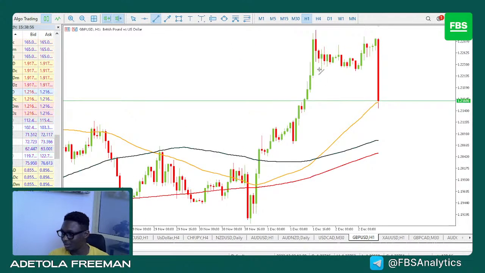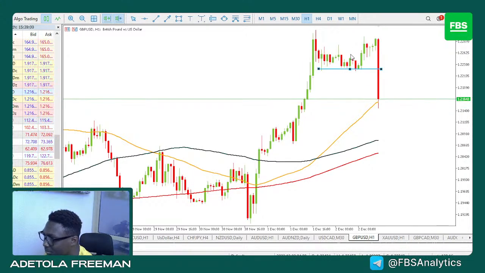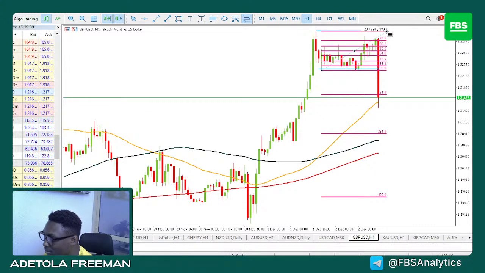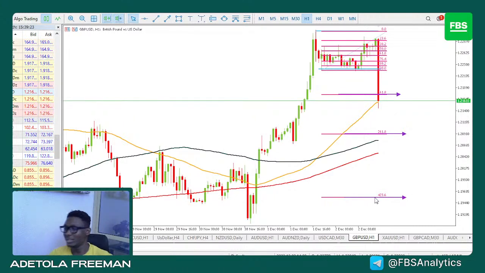And you can see on GBPUSD, we also have this consolidation zone. That was our consolidation zone. So we have TP1, TP2, and then TP3.